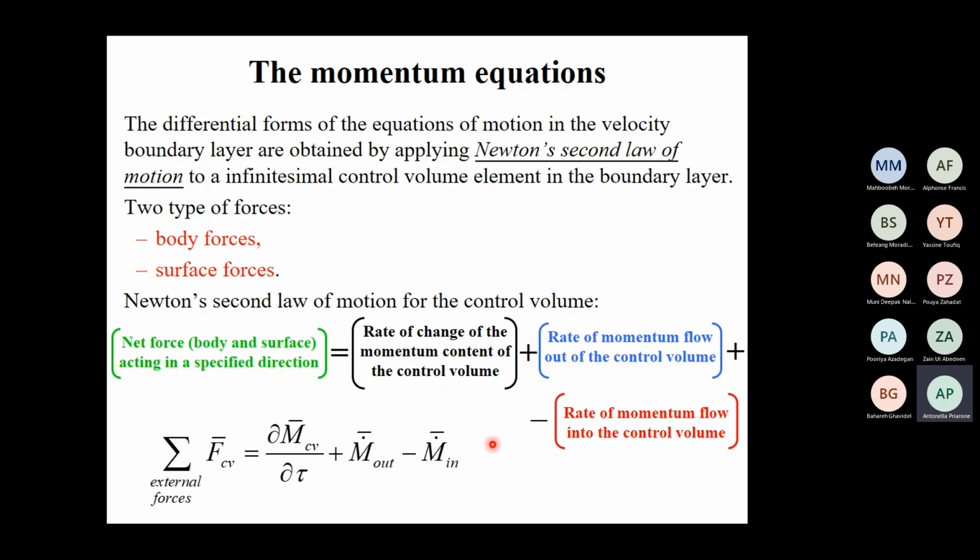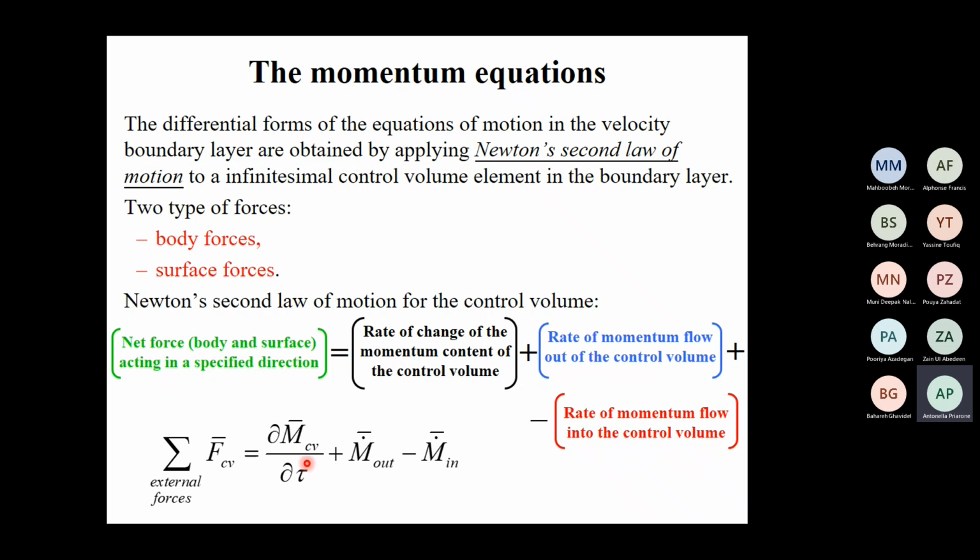That means I have to write finally this equation: the summation of all the external forces acting in a direction on my control volume is equal to the variation in time of the momentum content of my control volume, plus the momentum that flows outside my control volume, minus the momentum flow that enters my control volume.